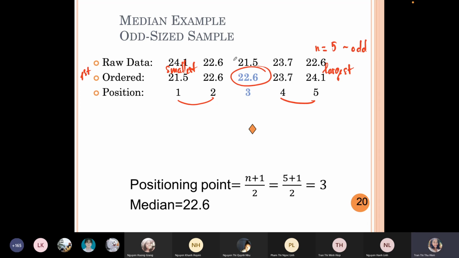You can use the formula of position, (n + 1) divided by 2, to find the midpoint after ordering. So the key for the median is the midpoint after ordering.